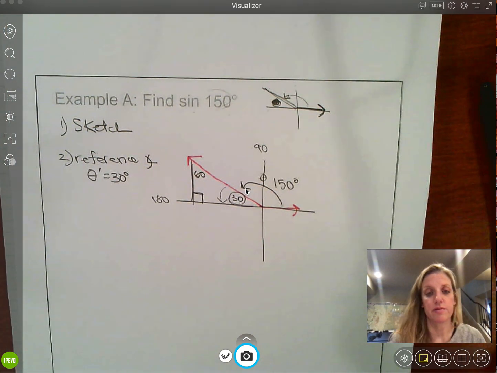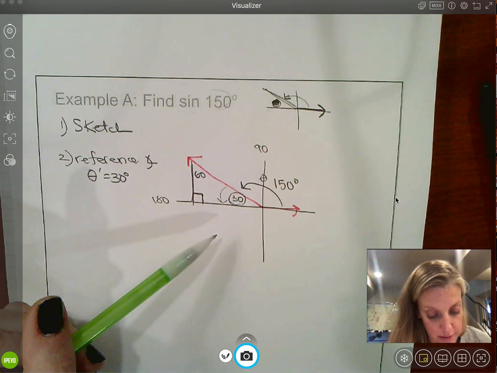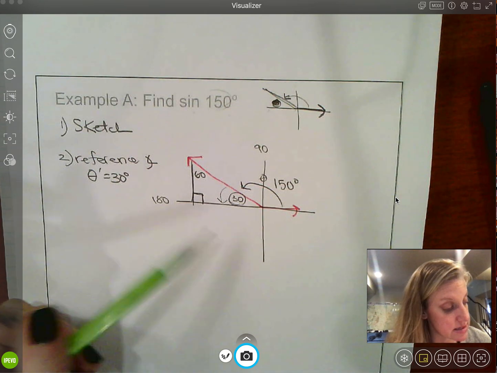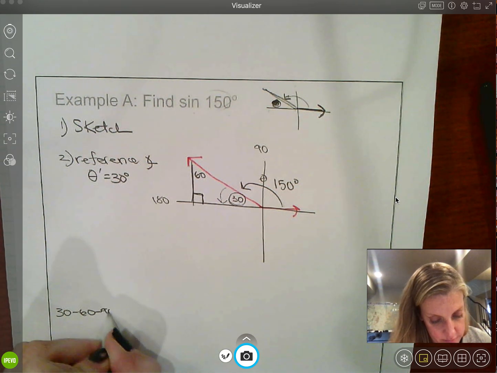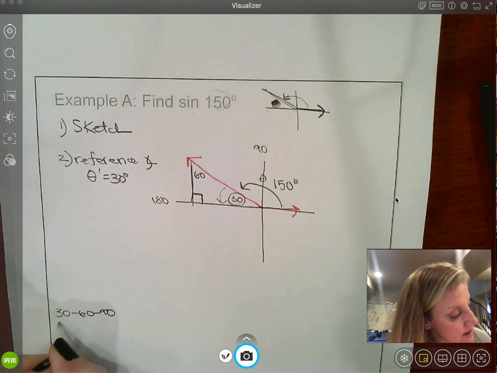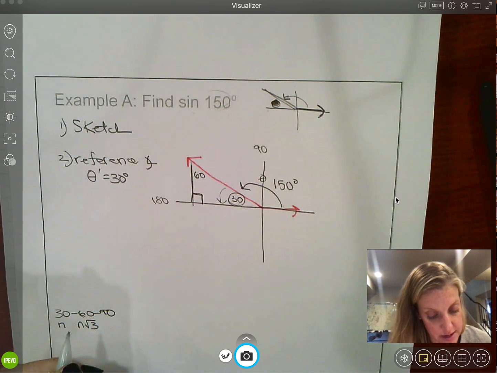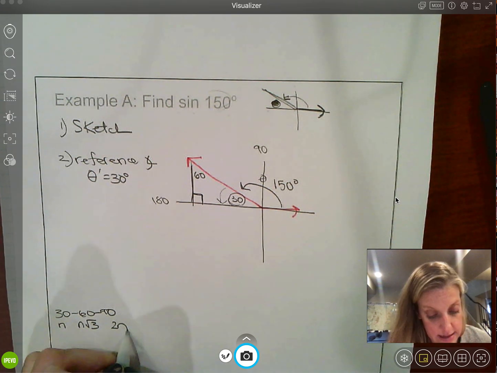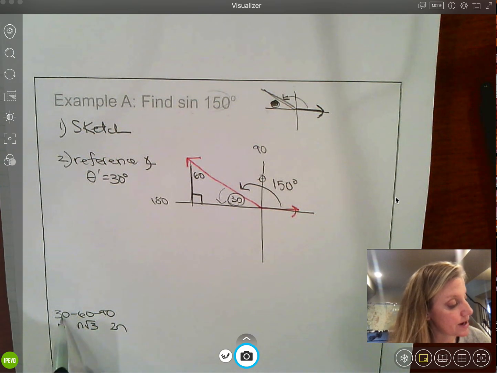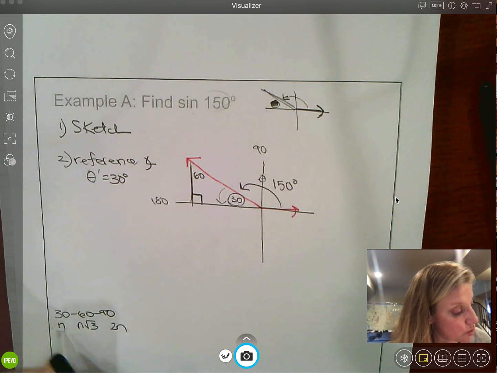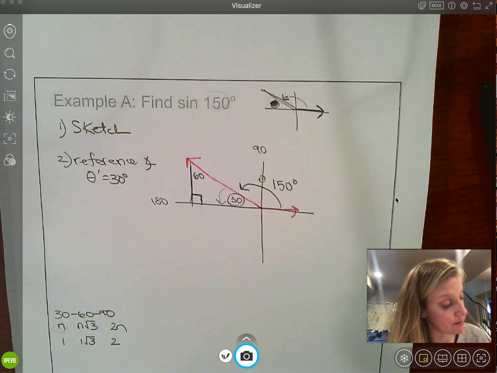This is why we were reviewing those special right triangles, because what will help us now is, in a 30, 60, 90, opposite the 30 will be n, opposite the 60 will be n root 3, and opposite the 90 will be 2n. And what we're going to do here is treat it with a ratio that our n equals 1. So we have a 1, root 3, and 2 times 1 is 2.